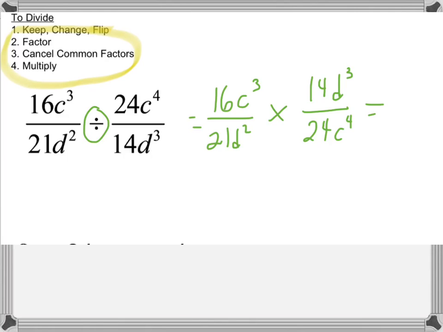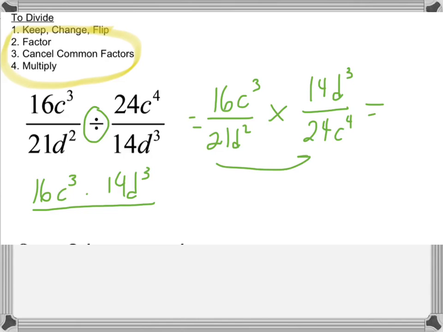Now, if you want, you can actually multiply these together. So you can rearrange these fractions in order to see more easily what cancels here. So if you want to, you can rewrite them all under one numerator and denominator. So I'm going to keep 16c cubed first and 14d cubed second.